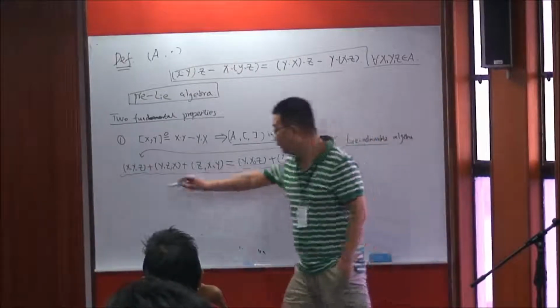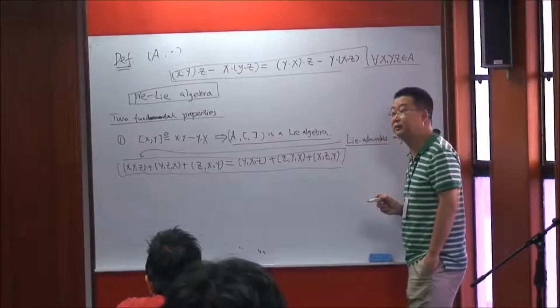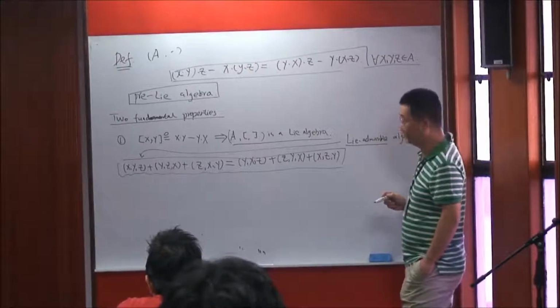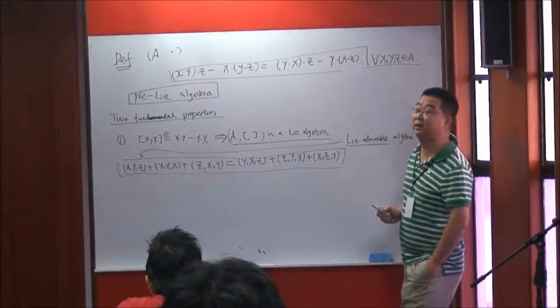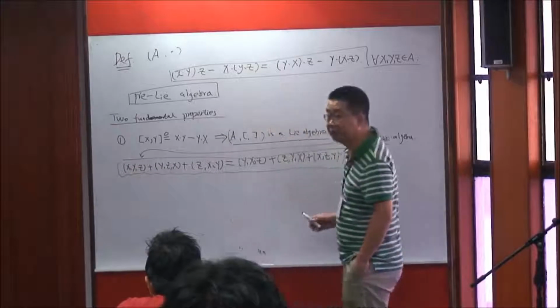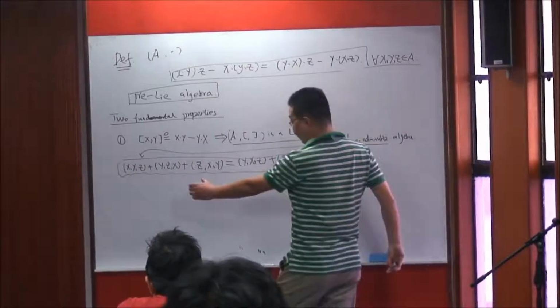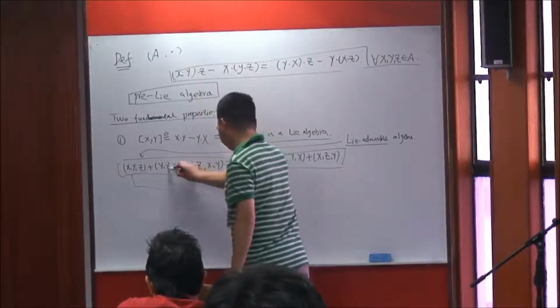So this gives the equivalent to the commutator satisfying the Jacobi identity. From this slide, we can see this result is very natural, because for Lie-admissible the sum of three terms is equal, but for the pre-Lie algebra every pair is equal.